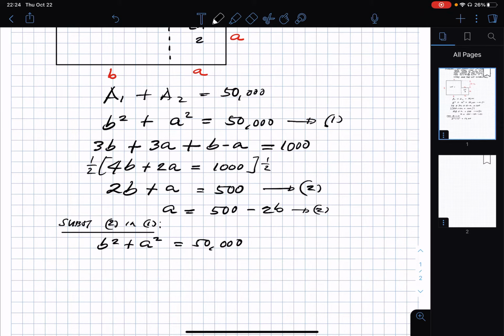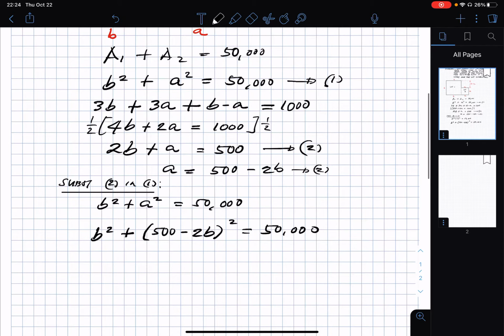So this will become B squared plus A squared, where the value of A will be (500 minus 2B) squared, is equal to 50,000. The next step is to expand (500 minus 2B) squared.